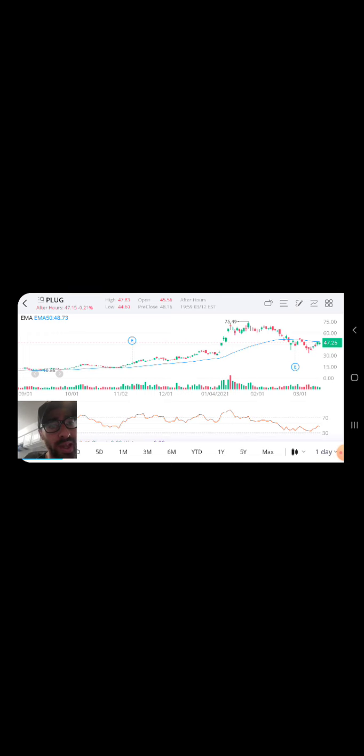Now, that's pretty key, because if it tests that 50-day EMA and goes above, that's a really good sign. If it tests it and drops down, that's more of a bearish sign. Long term, personally, I am very bullish on Plug, but if you're just intraday trading, it would be something to look at.